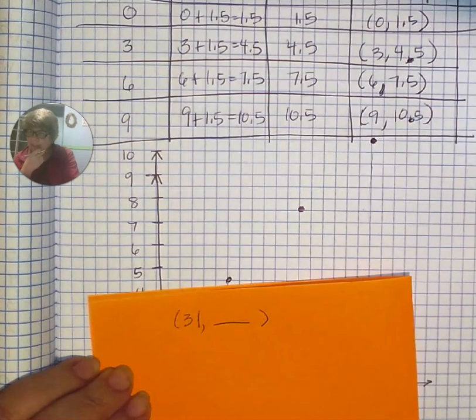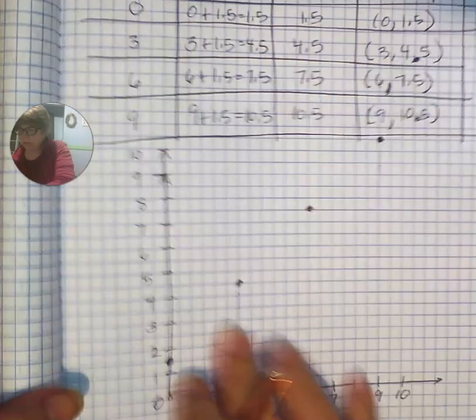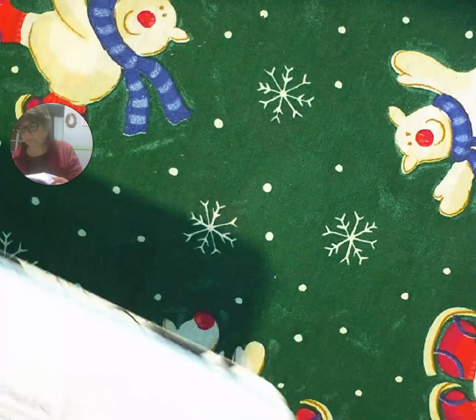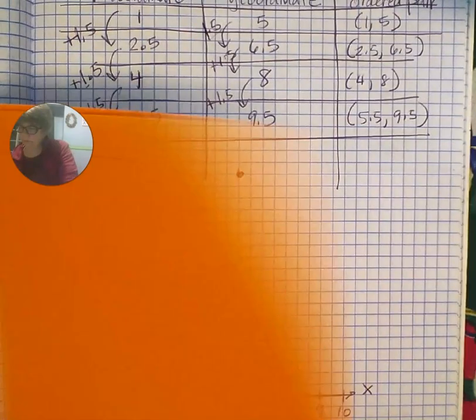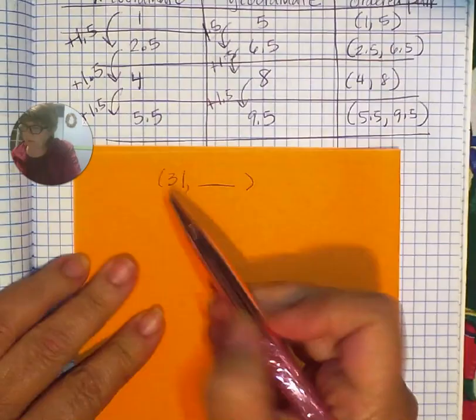That question is actually going with number 1. So let's go back to number 1 and look at that one. Sorry about that. If my x was 31, what would my y be?